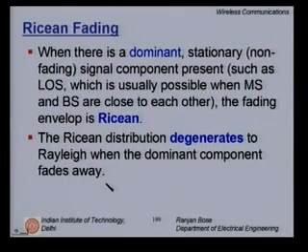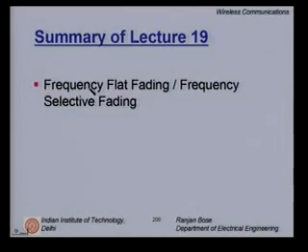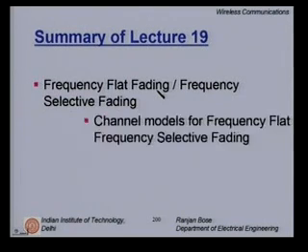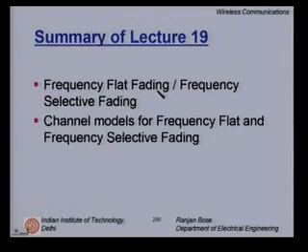So, this would be a logical place to stop. Let us summarize what we have learned today. We spent some time discussing the frequency flat versus the frequency selective fading channels. We looked at it both from the time domain as well as from the frequency domain perspective. We then discussed the channel models for frequency flat and frequency selective fading.